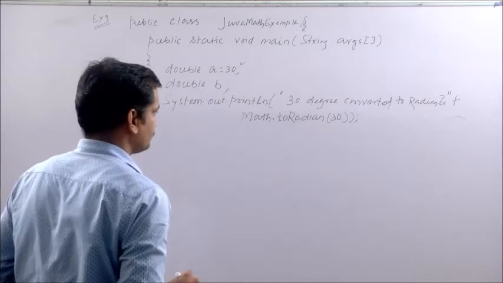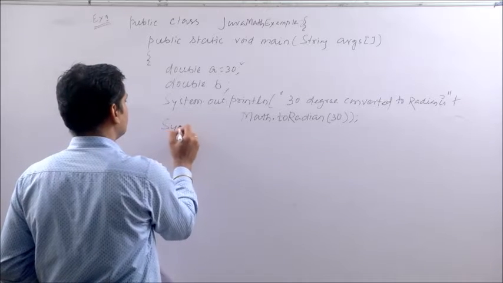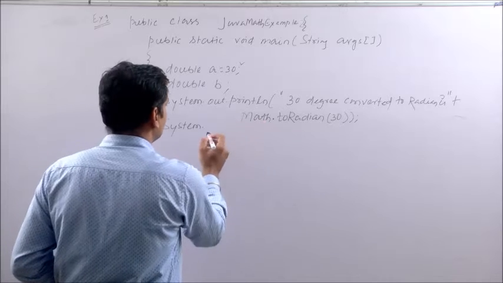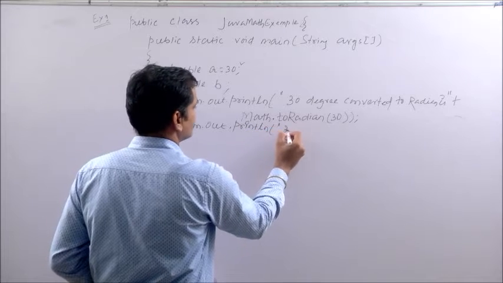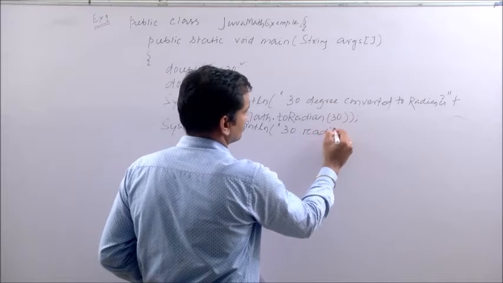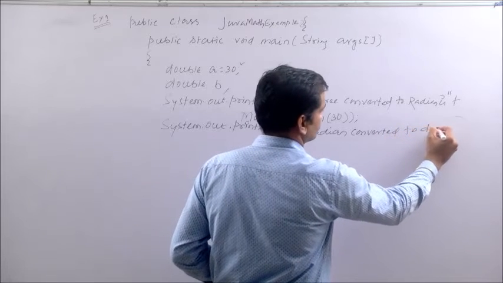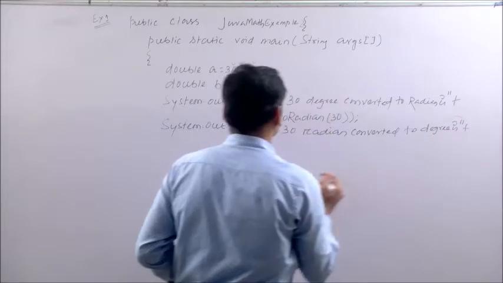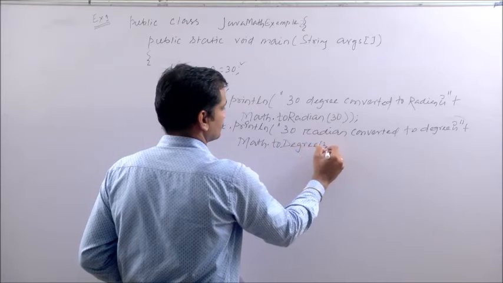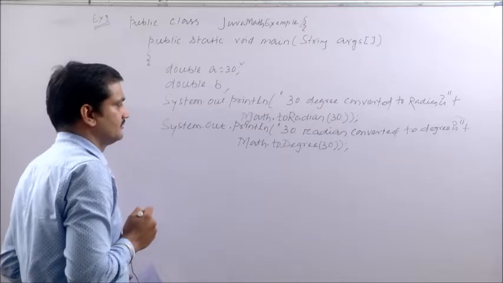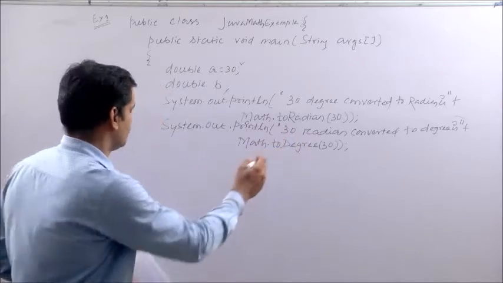Now, if suppose 30 is the radian value and we want to convert it into degree, then we may use the method toDegrees. System.out.println 30 radian value converted to degree is... considering that 30 is the radian value and we want to convert it into degree, then we may use this method like this.